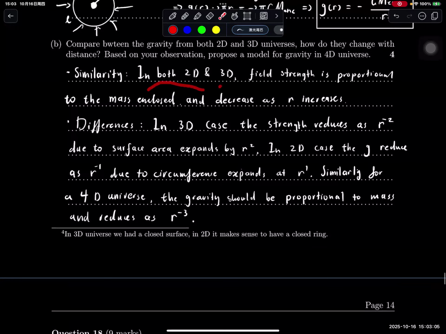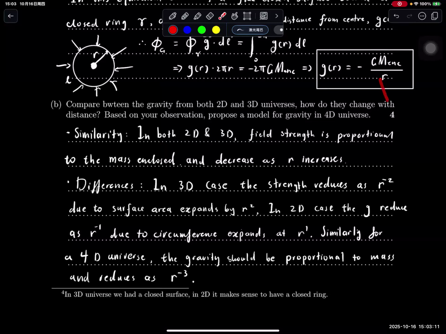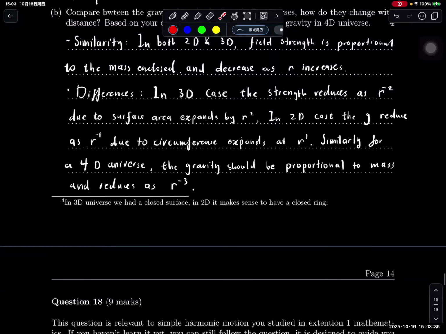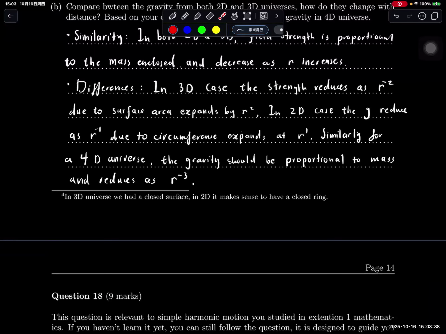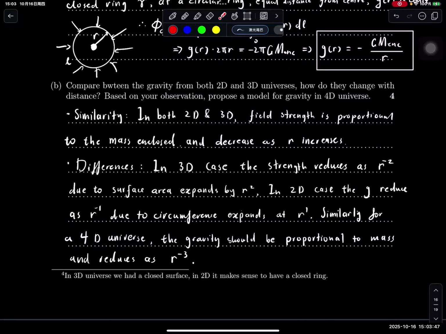Similarly, in both 2D and 3D universes, the field strength is proportional to the mass, but it will be inversely proportional to different powers of R. In the two-dimensional case, it is inversely proportional to R, whereas in three dimensions it is inversely proportional to R to the power of -2. So there's a difference of R to the power of 1. By induction, you should probably guess that in 4 dimensions it's inversely proportional to the cube of R, to the power of 3. You can also try that yourself.